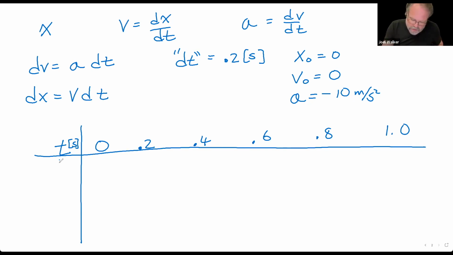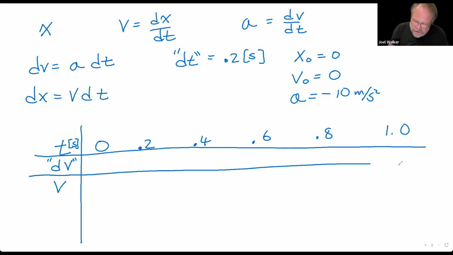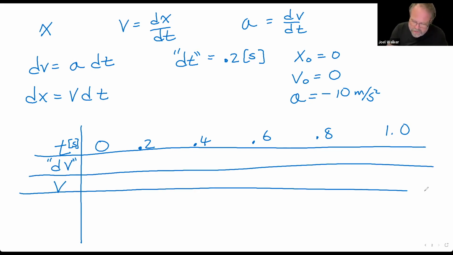Let's also do updates to the velocity, and I'll put that in quotes because it's not necessarily an infinitesimal update. We're taking a little larger step in time so that we can work with it with pencil and paper. And let's also keep the accumulated velocity as a row of information.